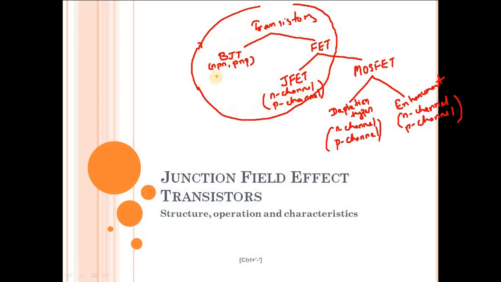That is, we have already covered the BJTs. Now we are going to cover the JFETs, that is junction field effect transistors, which is one category of field effect transistors. So we are not going to discuss about the MOSFETs, and hence we are even not going to the depletion type or enhancement type MOSFETs discussion.